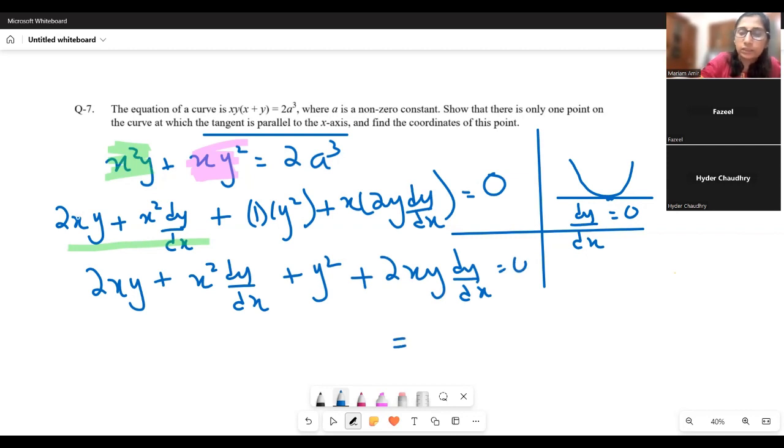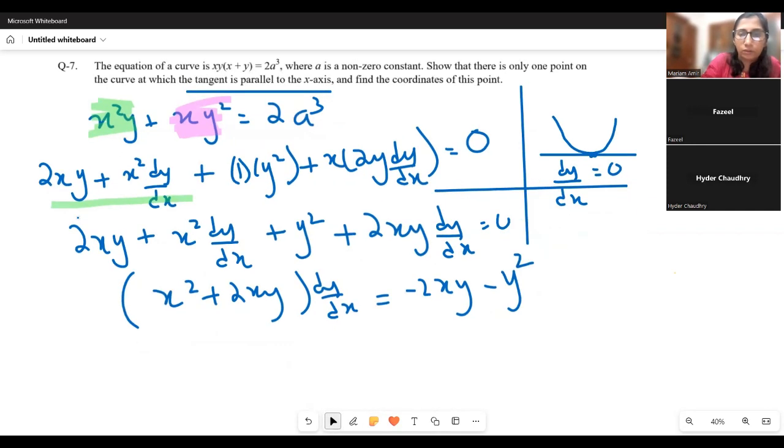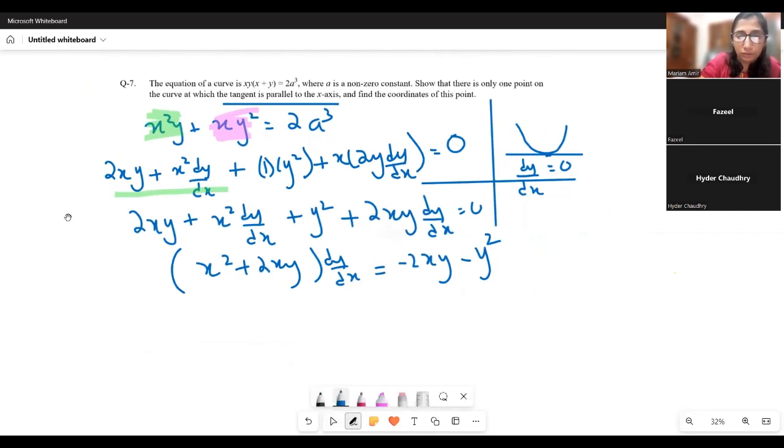So take the non-dy over dx terms to the other side, minus 2xy minus y square, and take dy over dx common. We get x square plus 2xy. Now, send the denominator to the other side. Dy over dx equals minus 2xy minus y square upon x square plus 2xy.